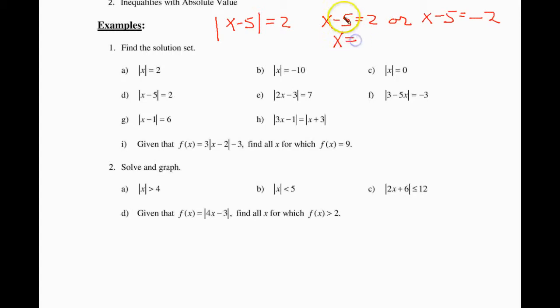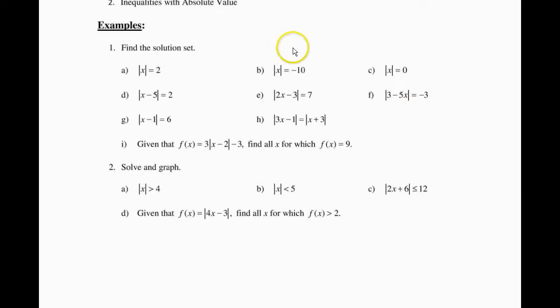So x equals, transpose the -5, you get a 7. Transpose the -5, you get a 3. So again, transposing this or adding 5 to both sides, that's what happens. And we're just giving you some examples of how to do it.